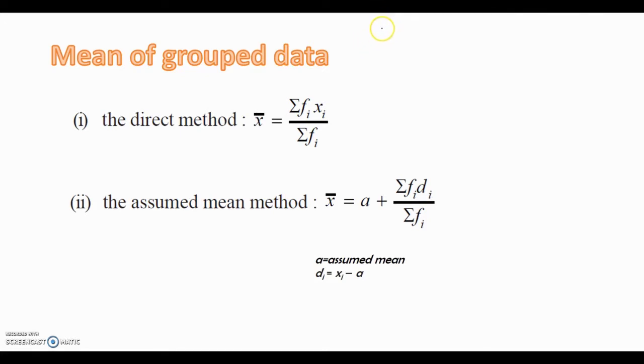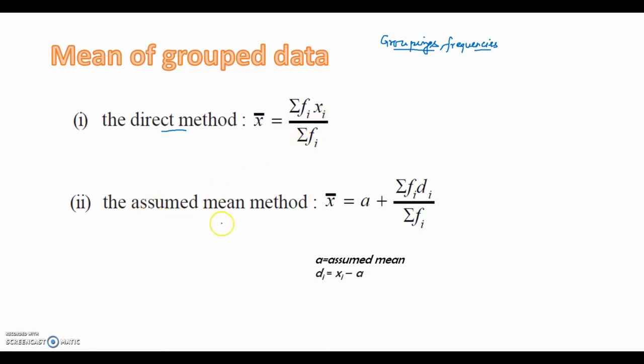In that section we understood how we can do various groupings and find out the frequency of each group, and then used different methods to find out the mean of the given data. The first method that we studied was the direct method, which is given by x bar equal to sigma fi xi divided by sigma fi.